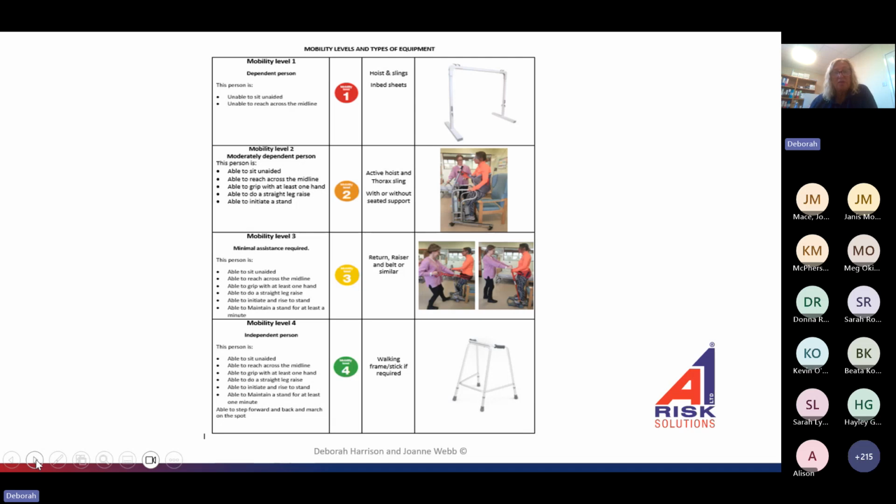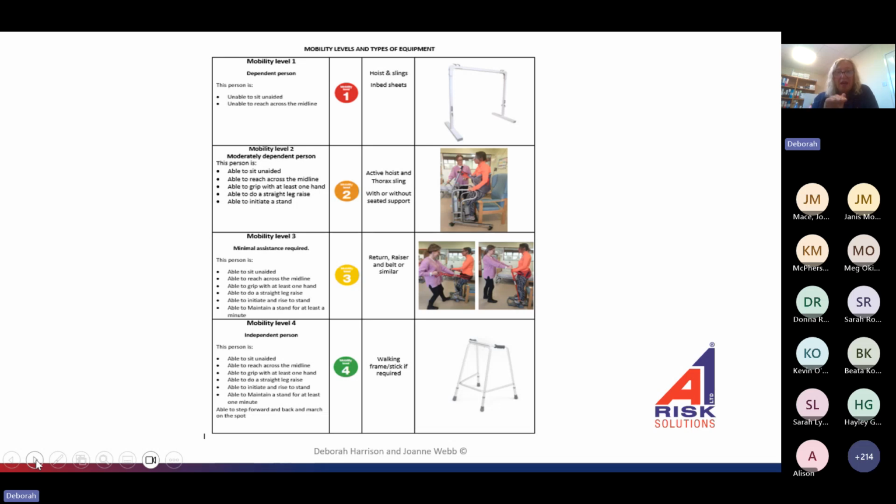So here, this part of the tool was developed for the carers, so for your non-healthcare professionals, and what we found is healthcare professionals use it as well. So it gives us that ability: mobility level 1, they're unable to do this, that, and the other. Mobility level 2, they should be able to do this and that.